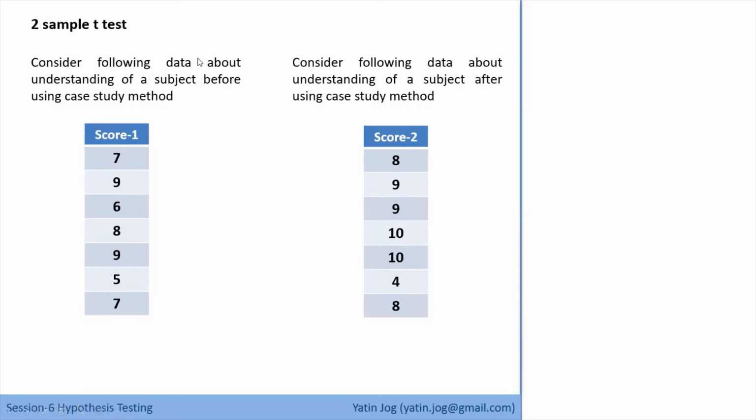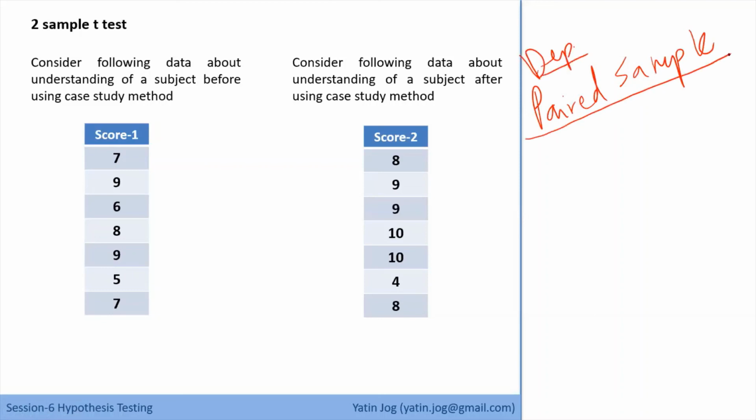So these are the scores of students before using the case study method, and this is the performance of students after using it. That is the base concept of the paired sample. When I say paired sample, or dependent sample, what it means is that one object is giving me two observations, observation number 1 and observation number 2.